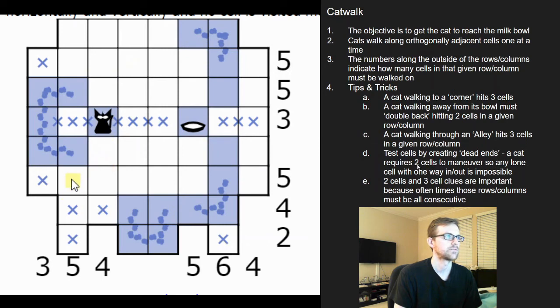Oh, this 5 solved. 2 on the bottom, 3 on the top. So this is another corner, so you have to hit the corner like that. This is a corner up here, so you have to hit that. This 4 is going to be resolved by the cat exiting. It has to exit up or down, so either way that can't be it.